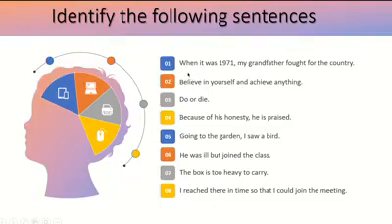Here we find two clauses. One clause is "when it was 1971" and the other clause is "my grandfather fought for the country." Here "my grandfather fought for the country" is an independent clause and "when it was 1971" is a dependent clause. So it is a complex sentence.